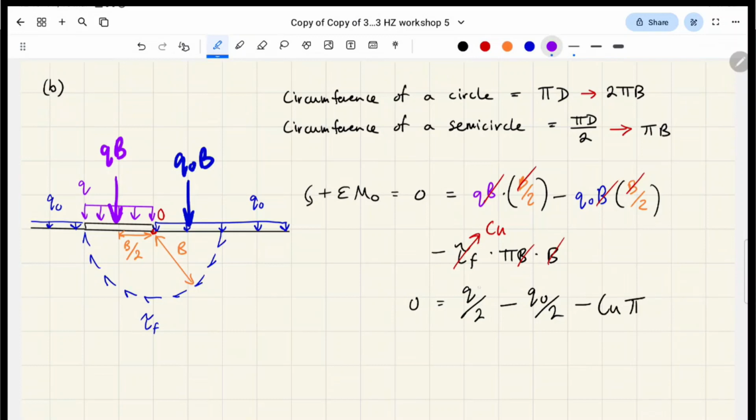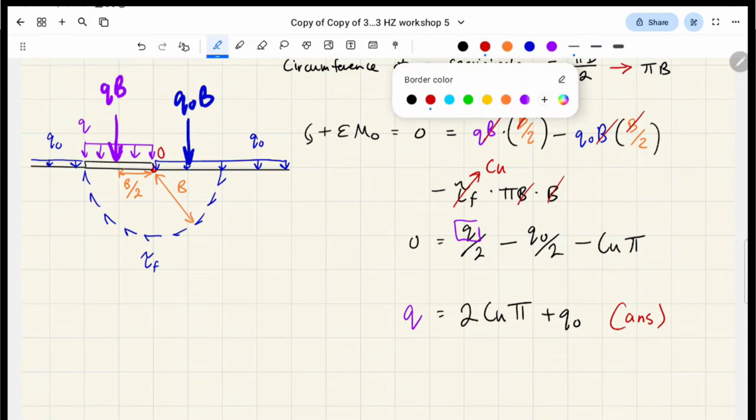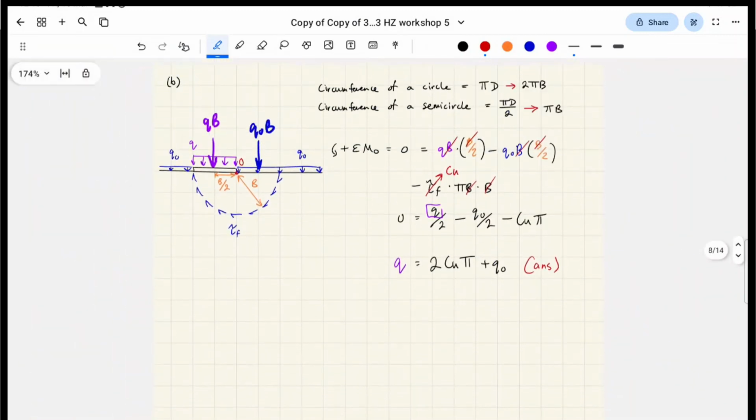Right? Now we're going to rearrange for Q. Here's the answer. They leave it algebraic, the answer, but we don't know what QO is, but you can plug in CU if it helps. Okay, let's take a sip of water. Does anyone have any questions?